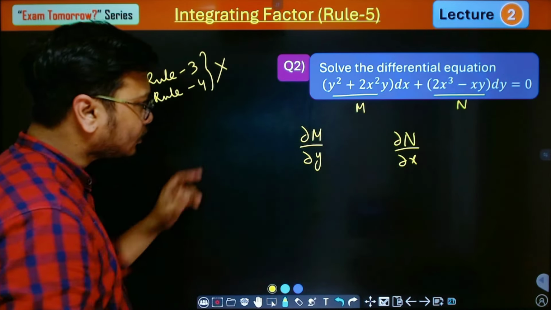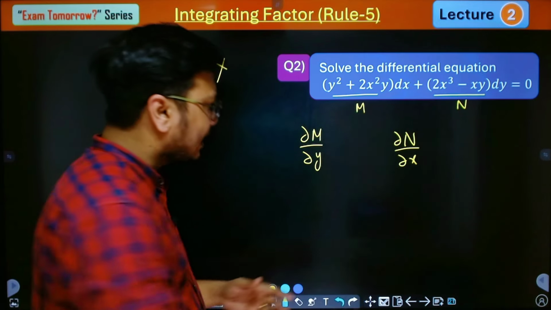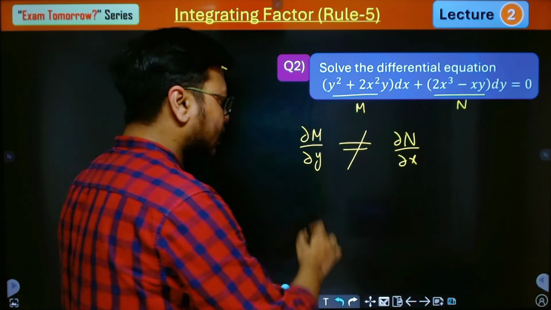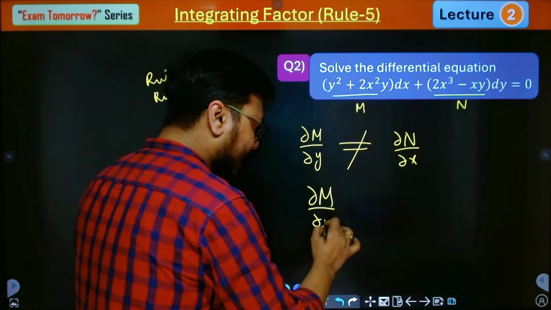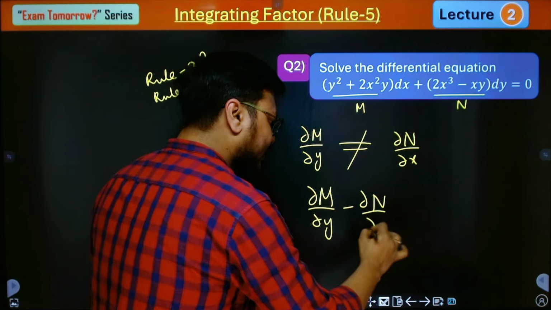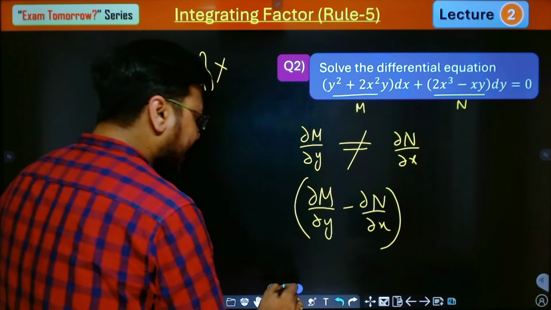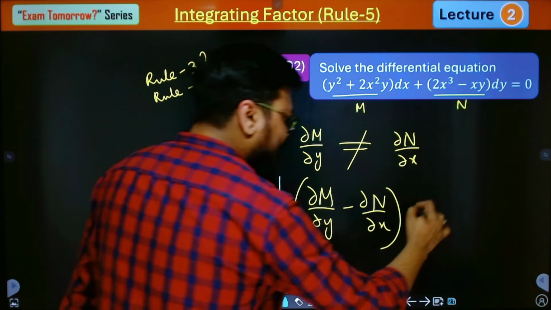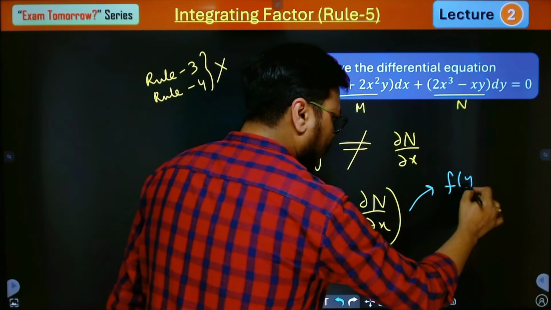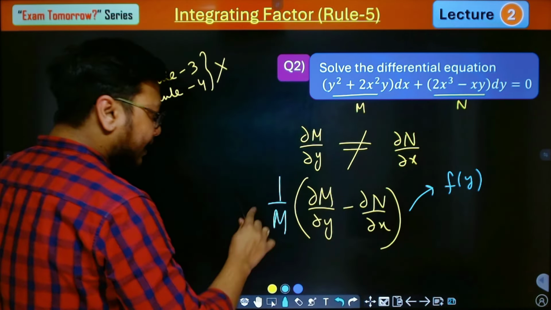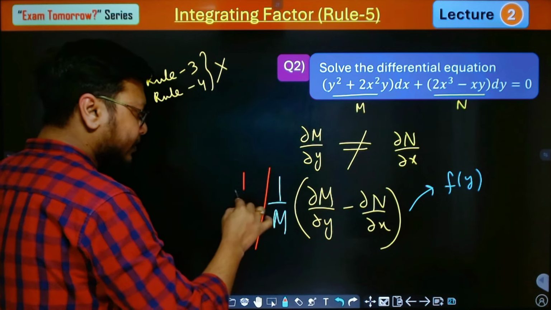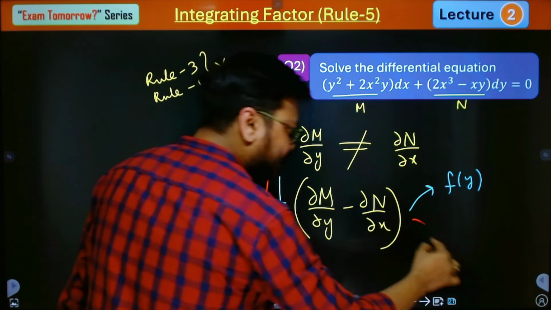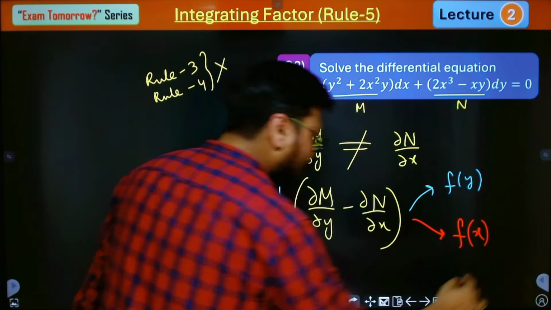Okay. So you find out these two quantities, definitely they will not be equal. So you find out their subtraction, you divide this by m and you check whether it is a function of y or not. Or maybe another possibility is you divide it by n and check whether it is a function of x or not.